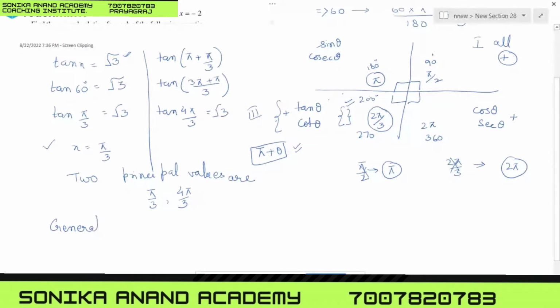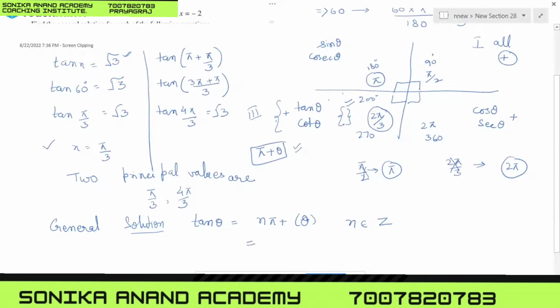Now, general solution. I told you earlier before starting the lecture, when we have values for tan theta, we can write it as n pi plus theta, where n belongs to integers.